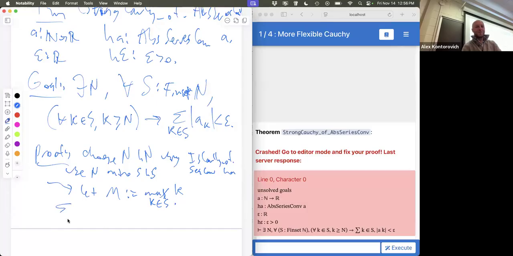Then the sum over K in Ico N to M of the absolute value of a_K is less than epsilon, and this is an upper bound for the sum over K in S of the absolute value of a_K.